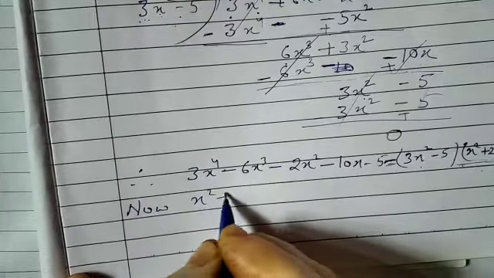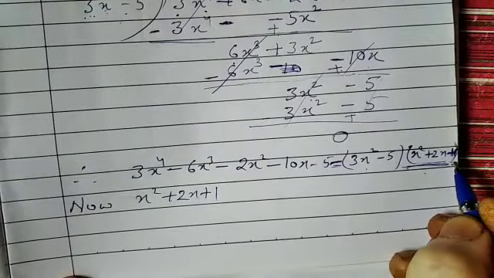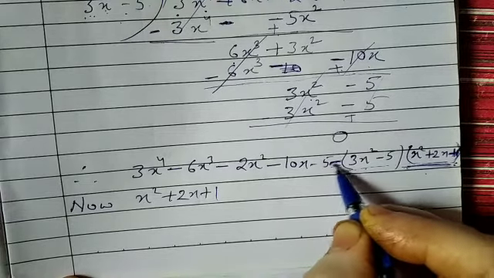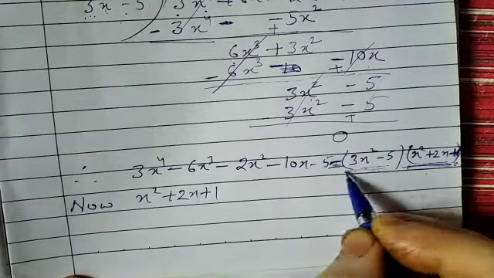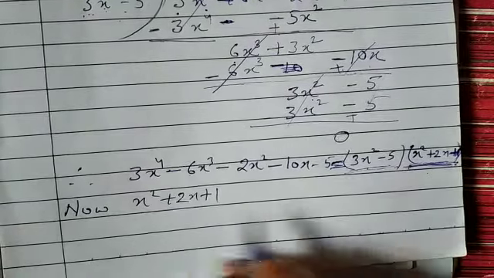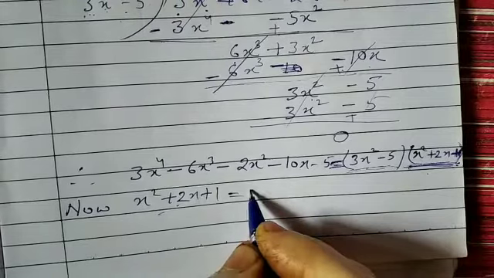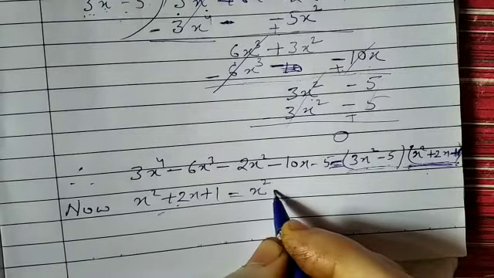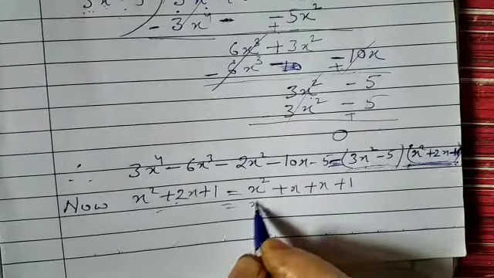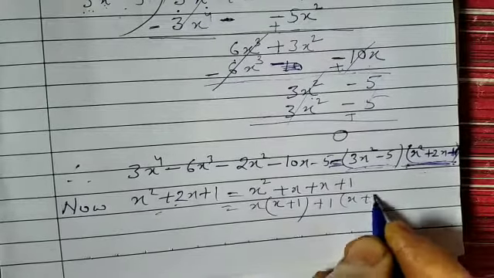Now x square plus 2x plus 1: we write it as x square plus x plus x plus 1. Taking x common, x plus 1 is left, and here also x plus 1.